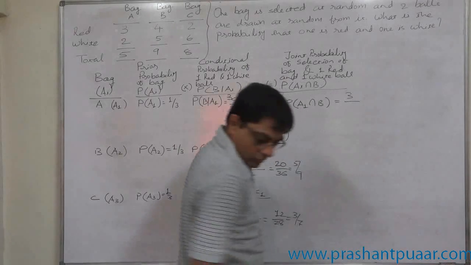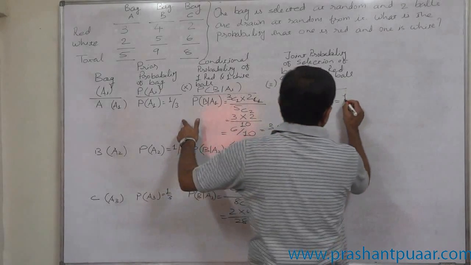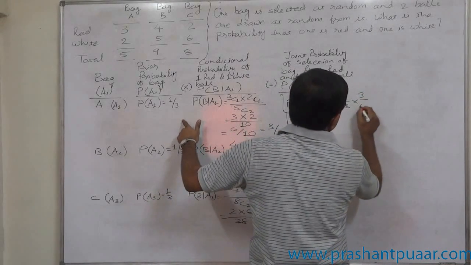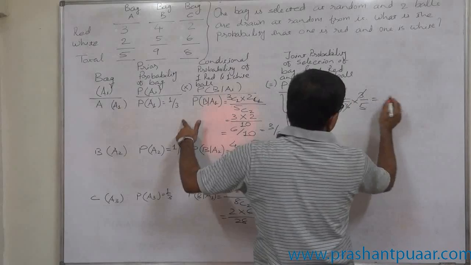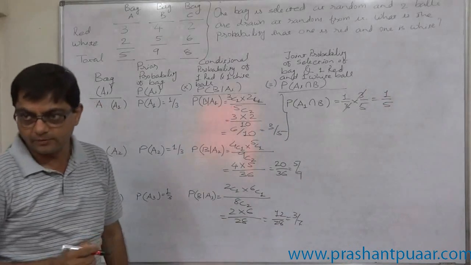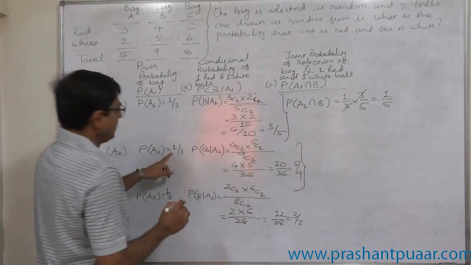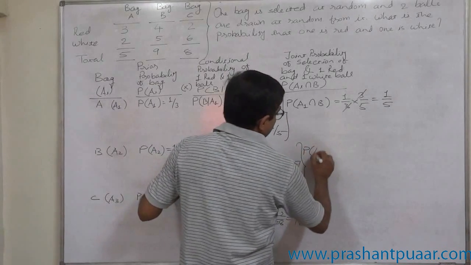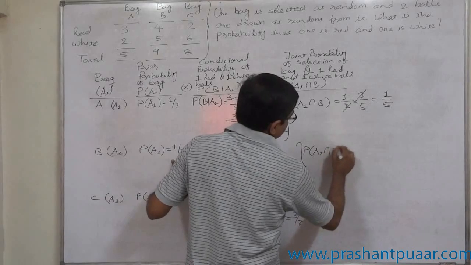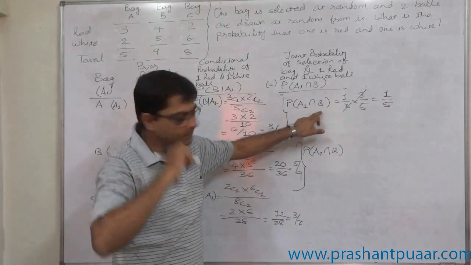Or otherwise, 1 by 3 into 3 by 5, cancellation of 3, so the simplified answer is 1 by 5. Next is P of A2 intersection B. What is the interpretation of P of A1 intersection B?